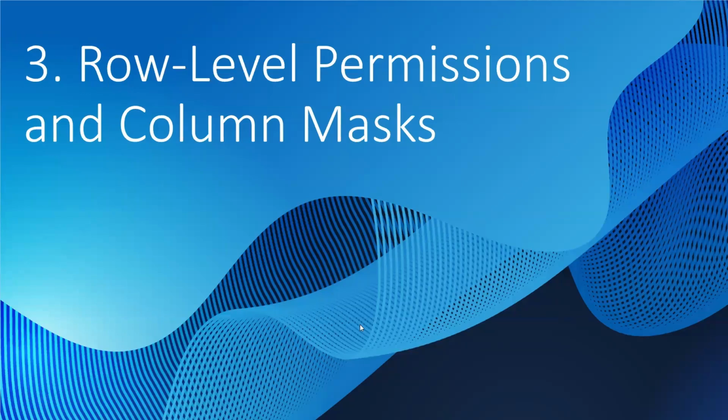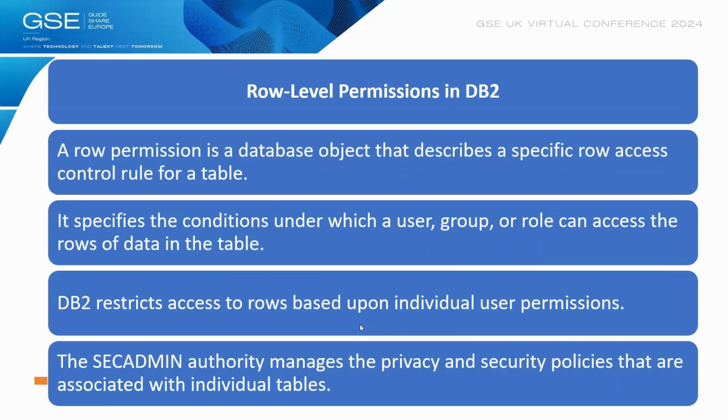Next, row level permission and column mask. This is a way we can provide access to a specific row in the database for a specific table.